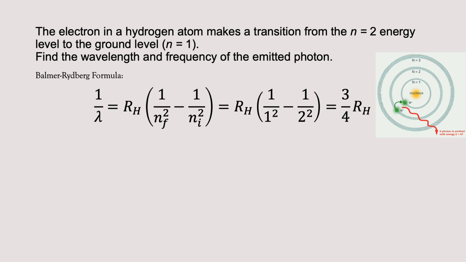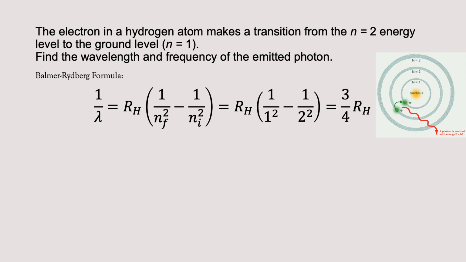First, we imagine the electron in a circular orbit about the nucleus, as in Bohr's model. When the electron makes a transition to a lower stationary state, it emits a photon with a given frequency and drops to a circular orbit of smaller radius.